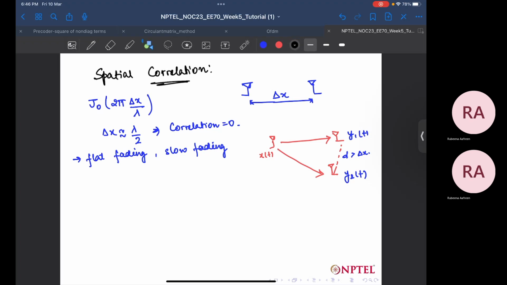So now I will show what is the benefit of using two antennas at the receiver. Suppose this is the output SNR.